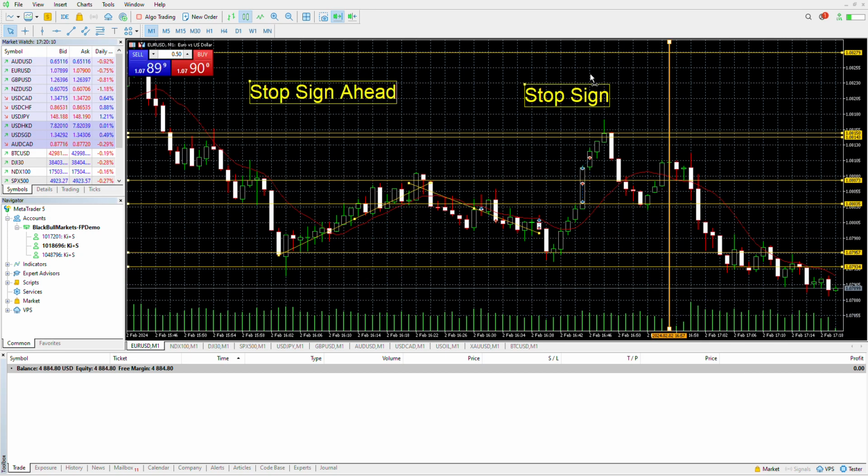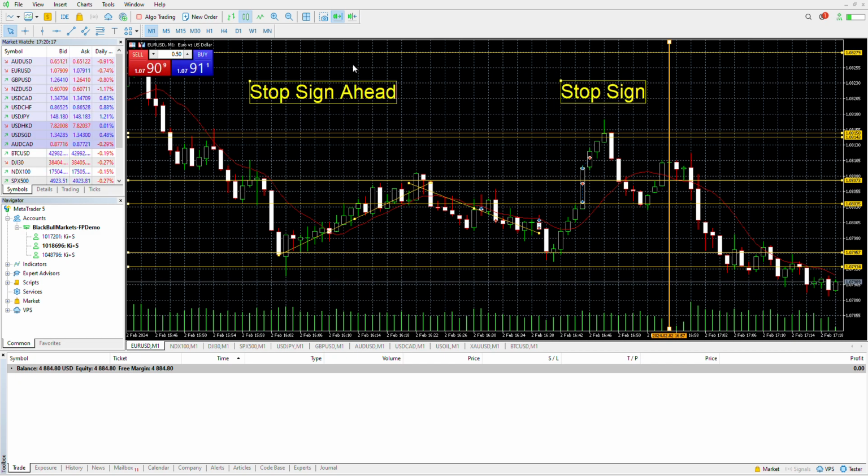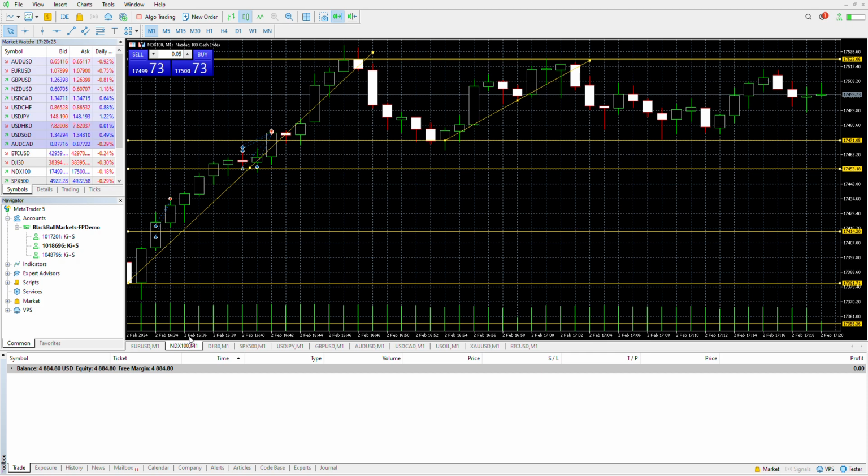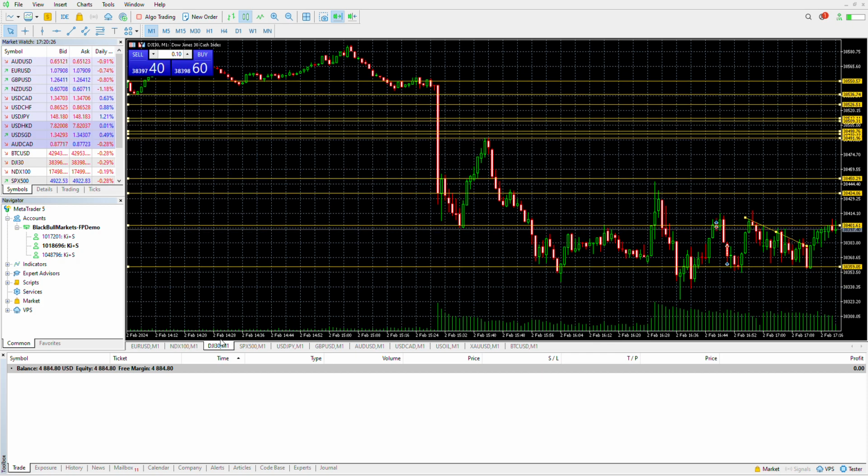There's a stop sign right here. Okay, it says here stop sign ahead, and there's a stop sign, sure enough. Okay, that's what it means.